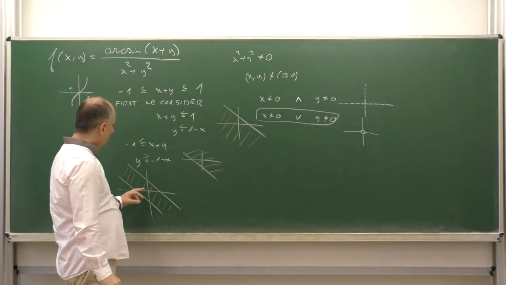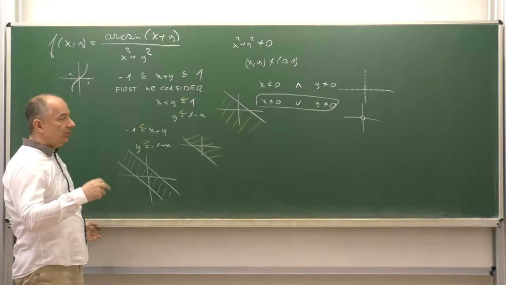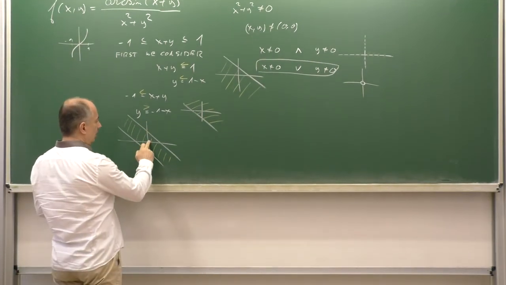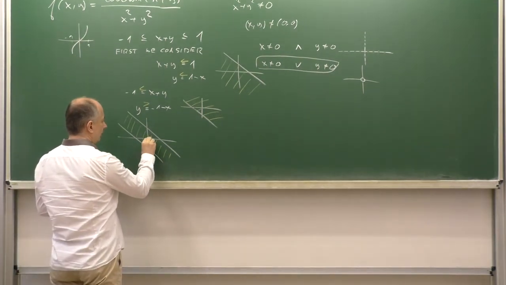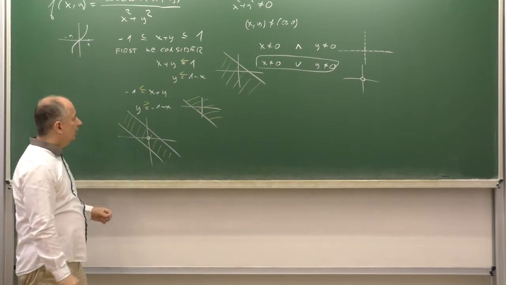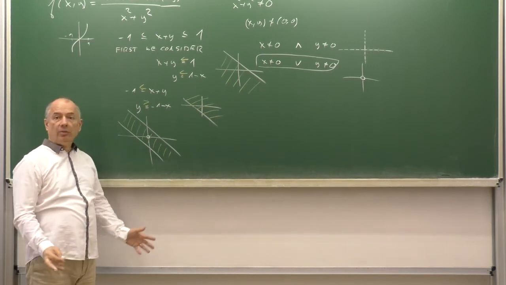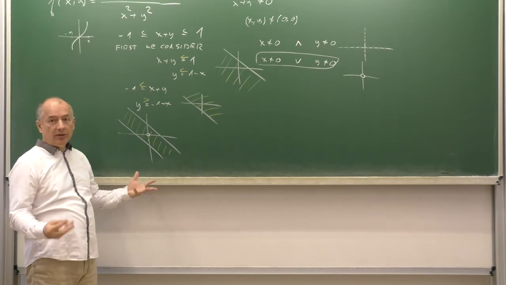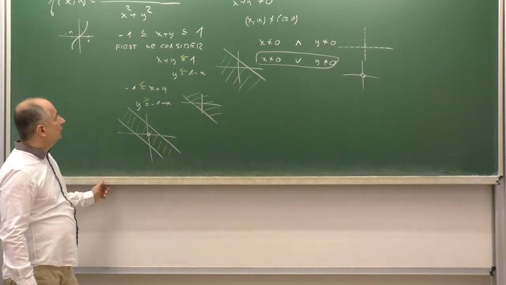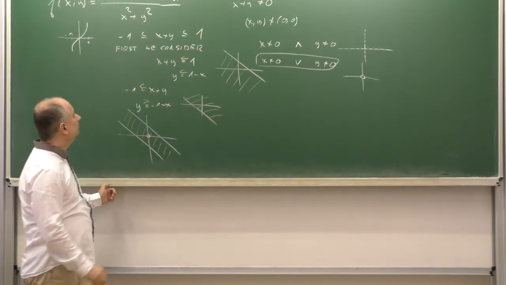Okay, so when we have this band and we want to remove the origin, we just sketch an empty bullet in this crossing and we are done. So this is the graphical representation of the domain of definition of this function.